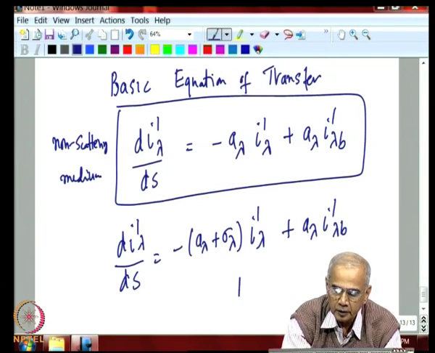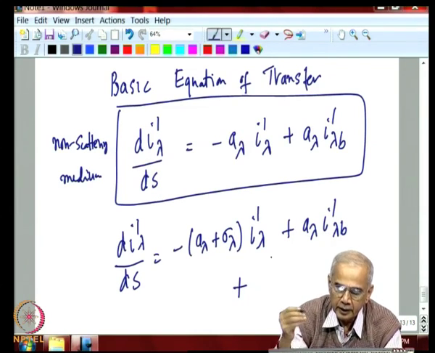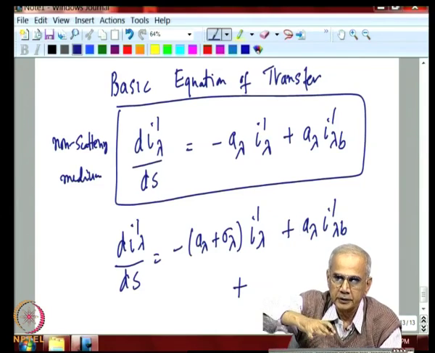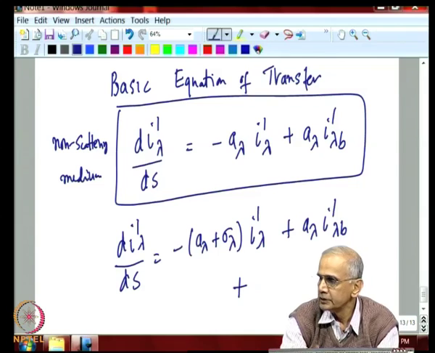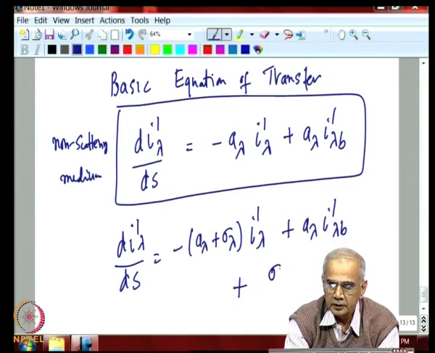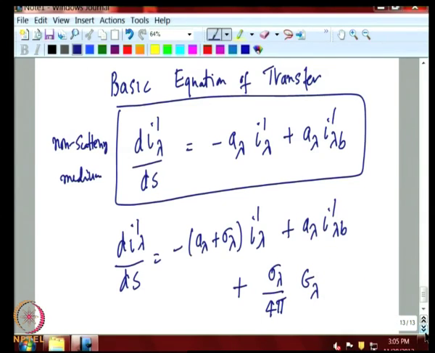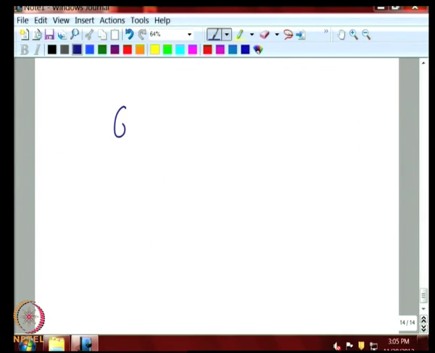And there is one more term, what is called scattering in, that is the photons from other direction are scattered into a given direction of interest to you because of the presence of scattering, and this is written as sigma lambda by 4 pi times g lambda, where g lambda is defined as 2 pi, 0 to pi.